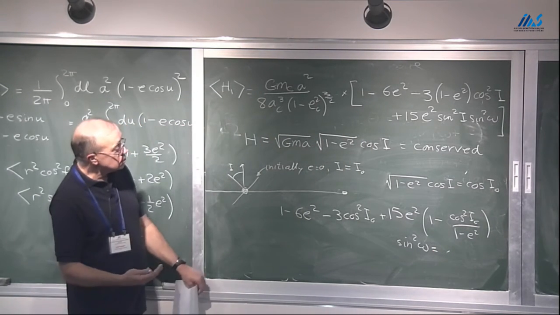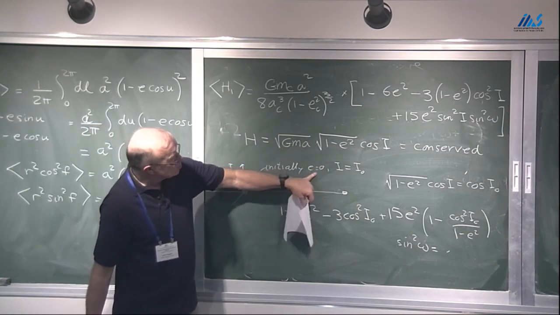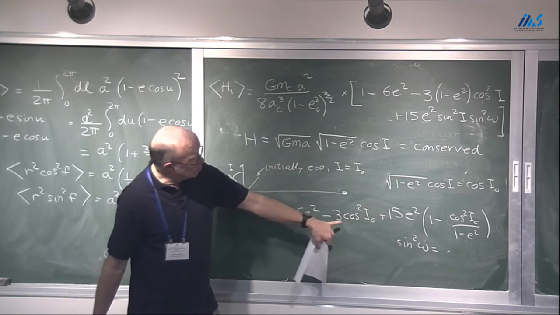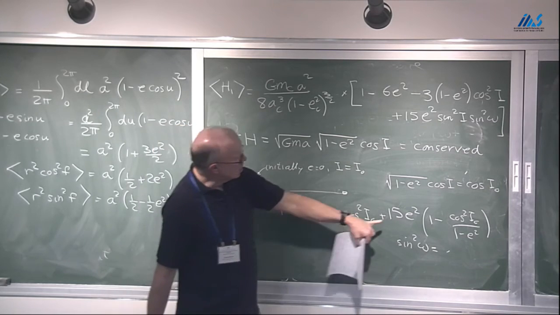Well, what constant is it? Initially the eccentricity was 0 and I was I0, so this is 0.